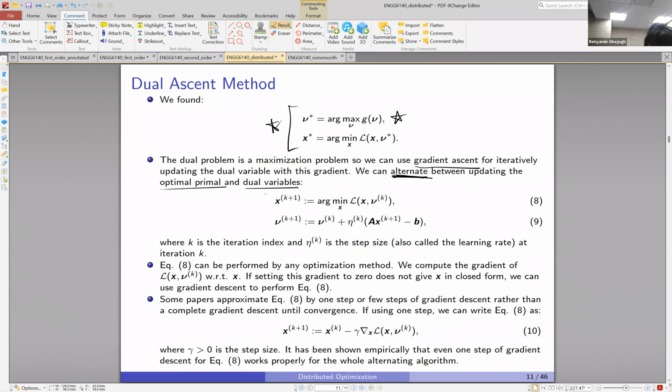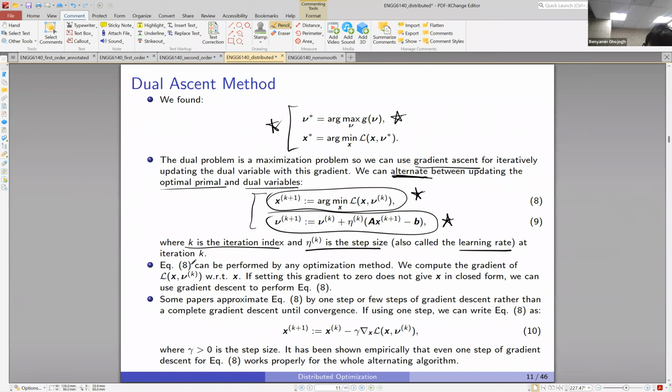Let's alternate between them. x^(k+1) is the argmin of the Lagrangian, and then update nu in this way. We'll talk about it. I think this is normal. You might be wondering why we have equation 9. Okay, let's talk about it. k is the iteration index and eta is the step size, also called the learning rate at iteration k.